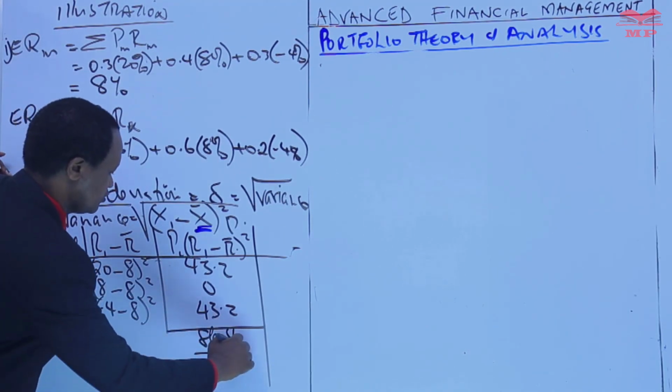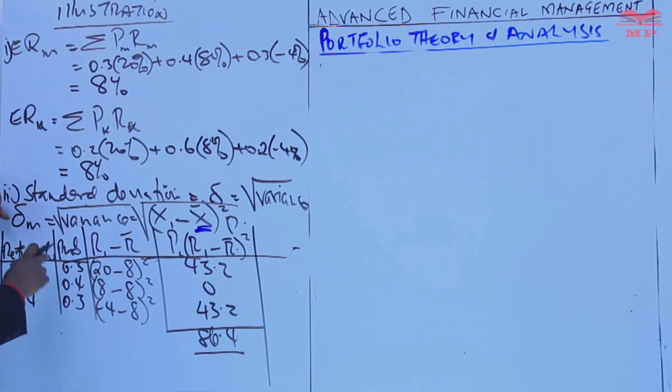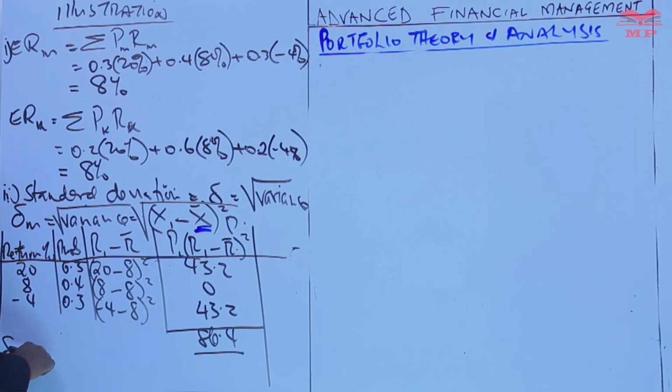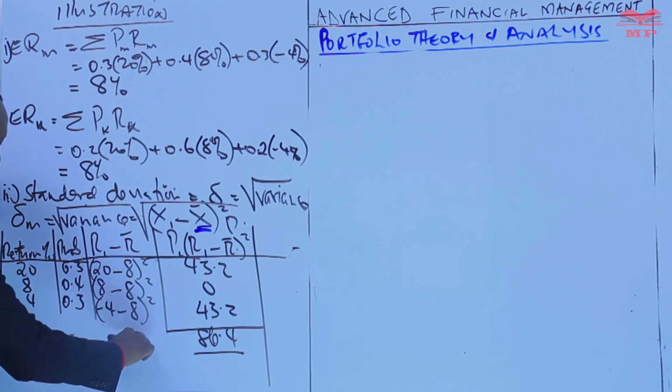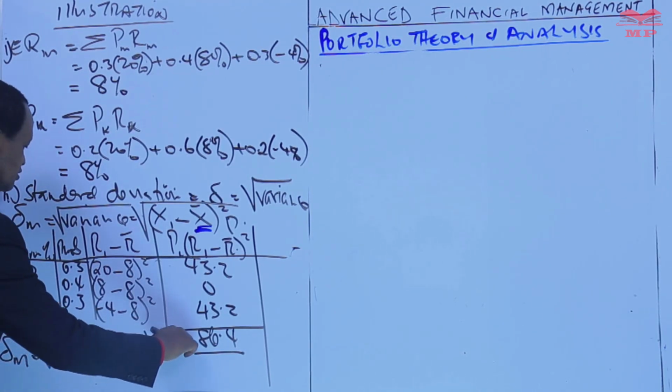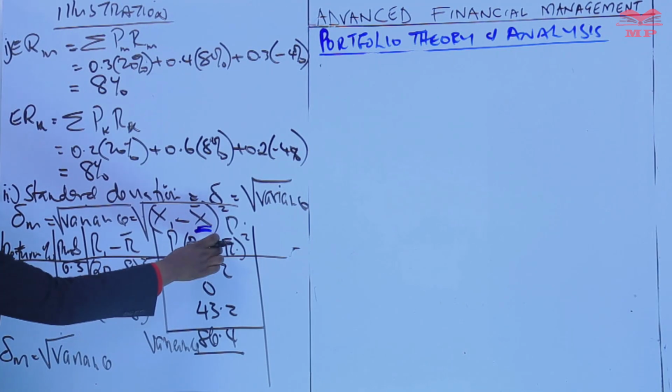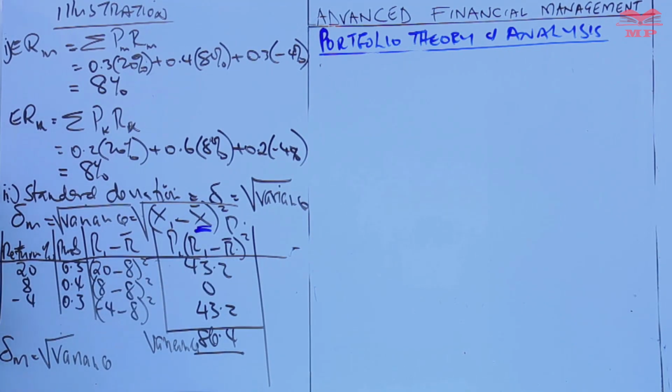86.4. This is the general formula. The standard deviation of security investment M is equal to the square root of the variance. This is the variance, which is equal to 86.4.